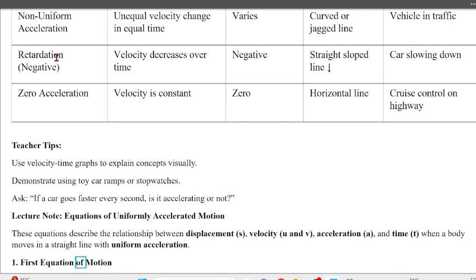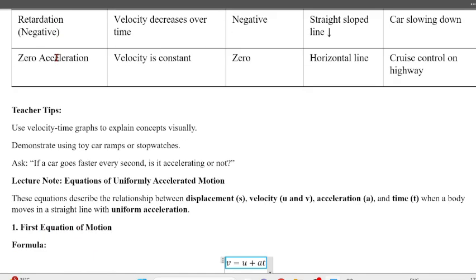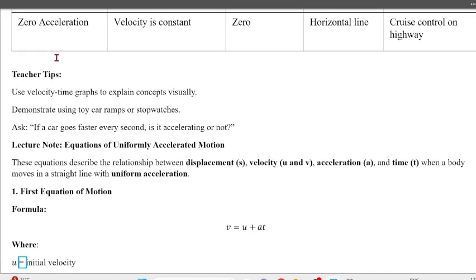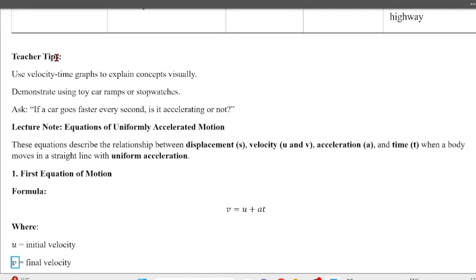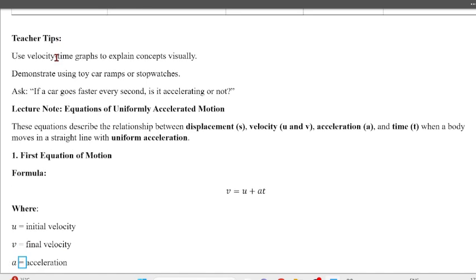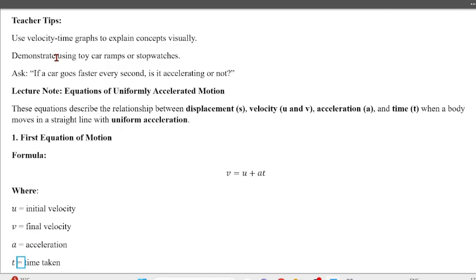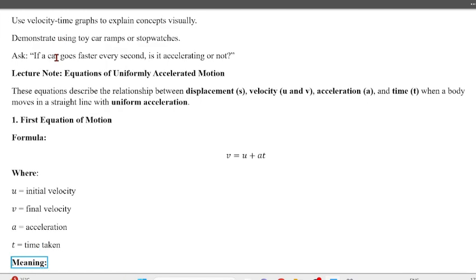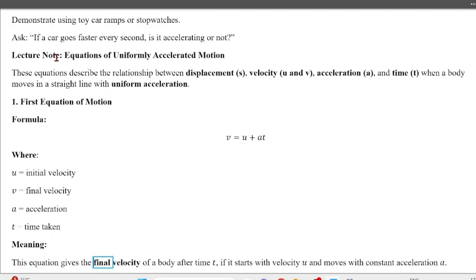First equation of motion, formula: v equals u plus at, where u is the initial velocity, v is the final velocity, a is the acceleration, and t is the time taken. This equation gives the final velocity of a body after time t, if it starts with velocity u and moves with constant acceleration a.